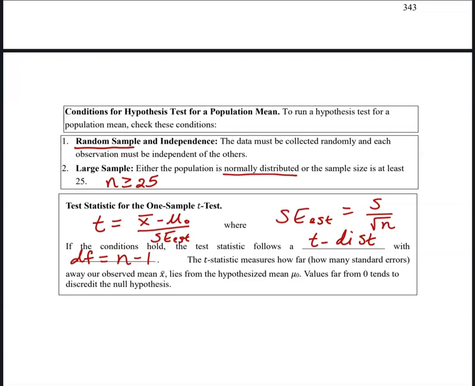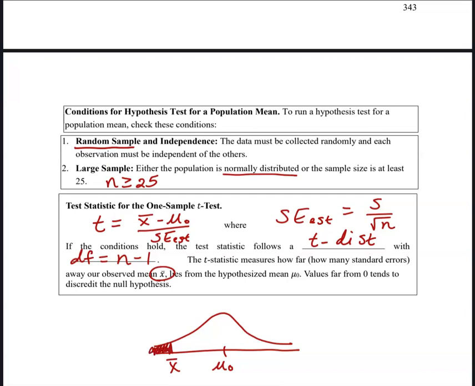As far as interpreting the p-value, same rules apply as what we had previously in Chapter 8. If our observed mean, so that would be X bar, is far away from what we expected, mu naught, so if mu naught is what we expected, maybe X bar is way down here, that means we will have a small p-value.